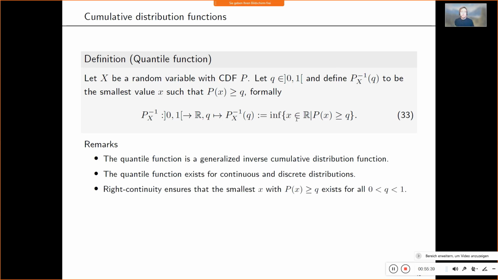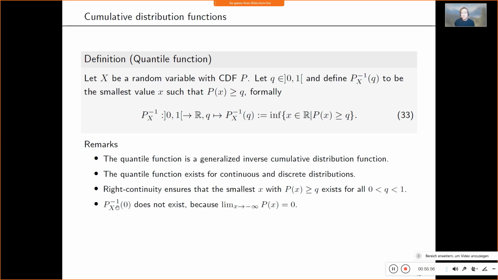Right continuity ensures that this x actually exists, such that p x is equal to or larger than q for all q in the open interval 0, 1.